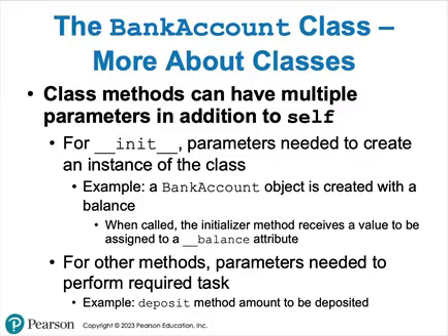And then there are going to be some other methods that you can use to do common things to a bank account. Here they're mentioning that you might have a deposit method, which I assume would take a dollar amount and then add that to your current bank account balance variable.